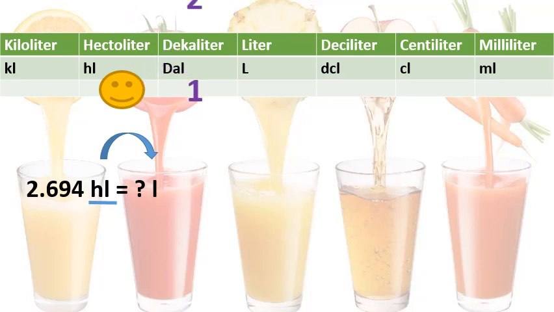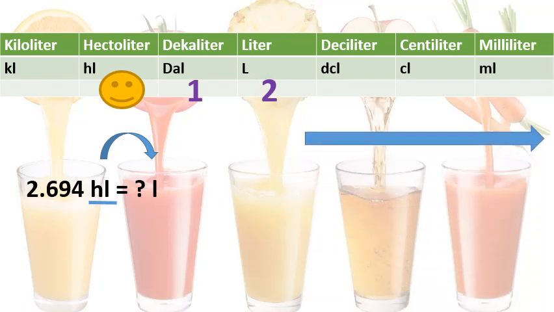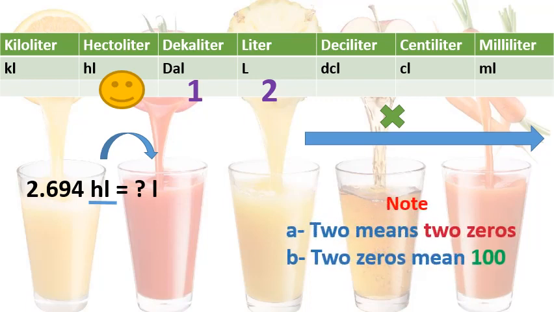1, 2. Now how are we moving in this table? We are moving to the right. It means what are we supposed to do? We're supposed to multiply. By what? By 100. Why? Because 2 means 2 zeros, and 2 zeros mean 100. So 2.694 times 100. So again, if we have a decimal point and we want to multiply by 100, how many zeros do we have here?